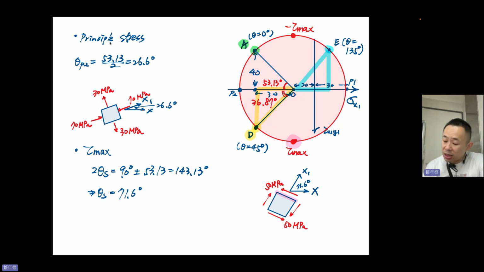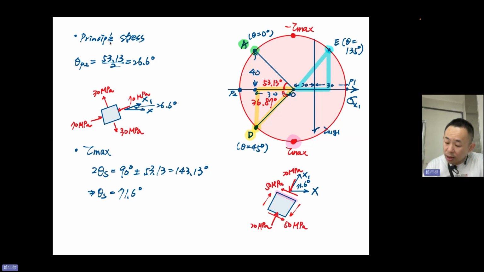20. So this is negative 20. Negative 20 ampere.